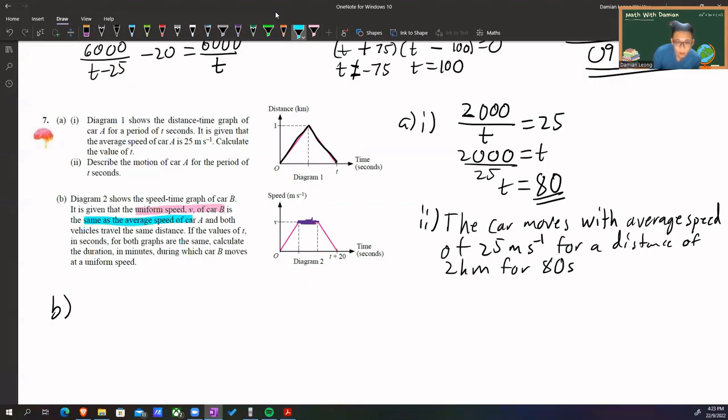It's the same as average speed of car A, which means this is 25 meters per second.